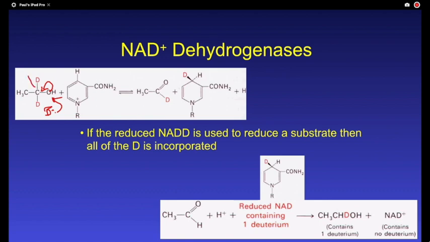Deuterium actually comes in, and I get a D that is accepted in the NAD plus to become, at this moment in time, what we call NADD instead of NADH.